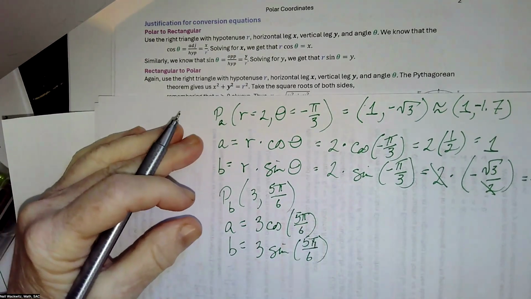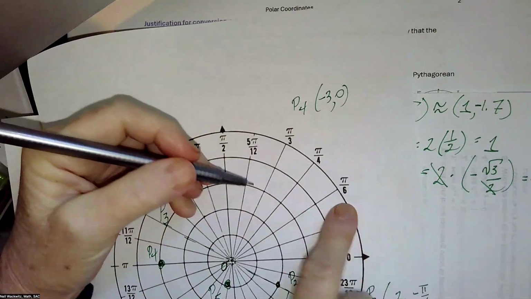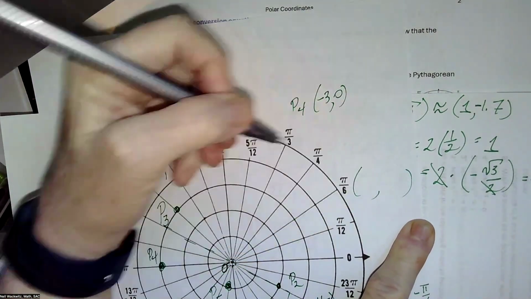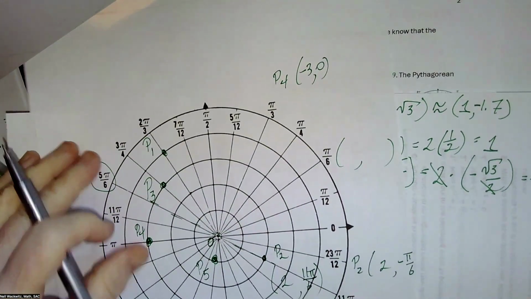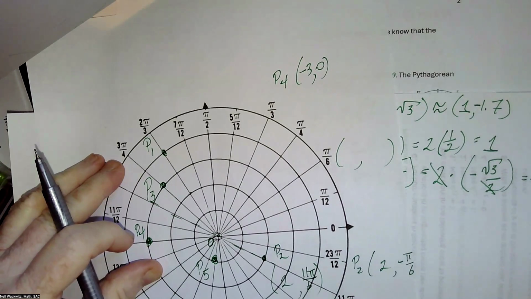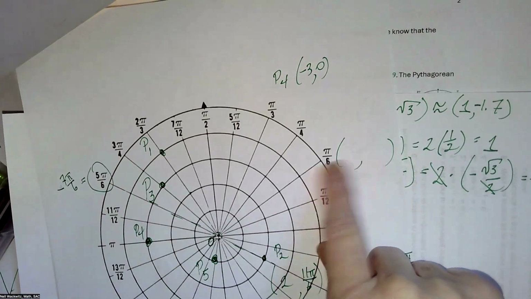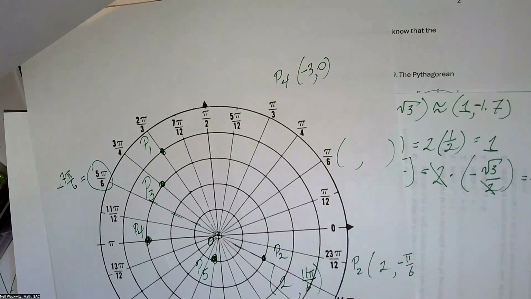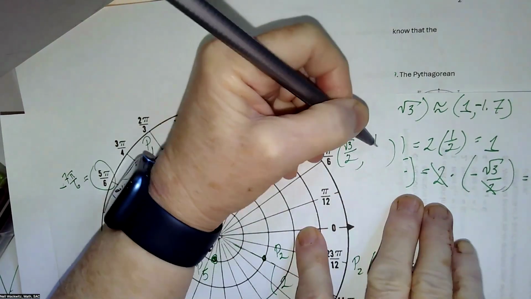And now we think about the first quadrant. What are the sine and the cosine of pi over 6? Which one is 1/2? Wait, what are we trying to find? The coordinates for pi over 6. It's square root of 3 over 2, comma 1/2. Good.